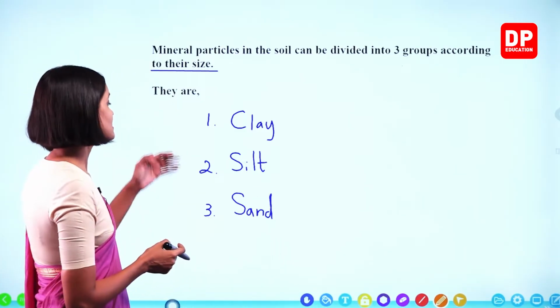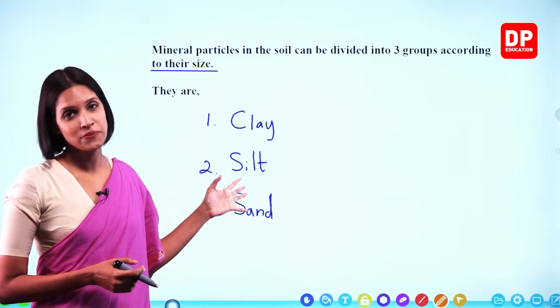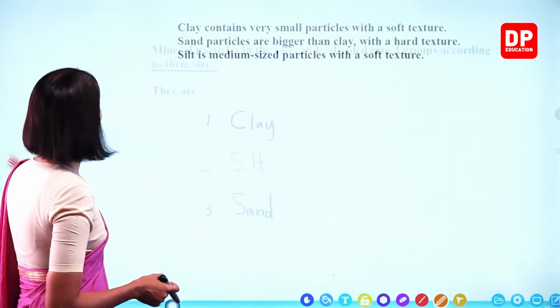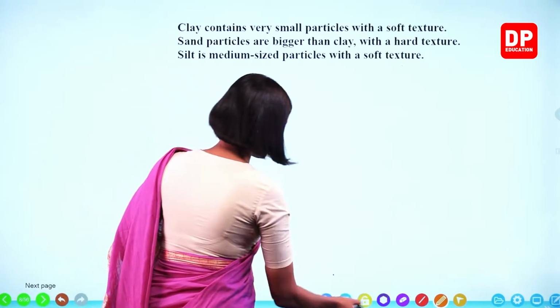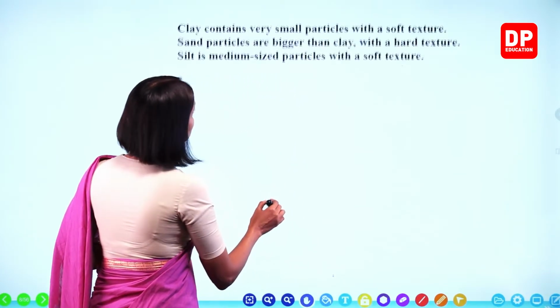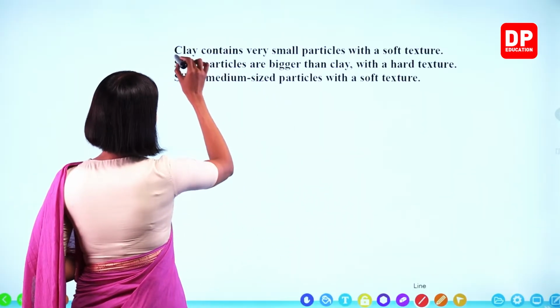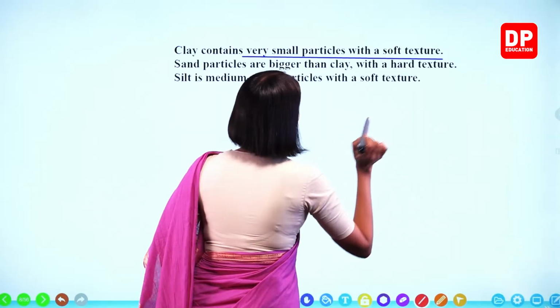Right, children? Clay, silt and sand are the three main types of particles. Clay contains very small particles with a soft texture.